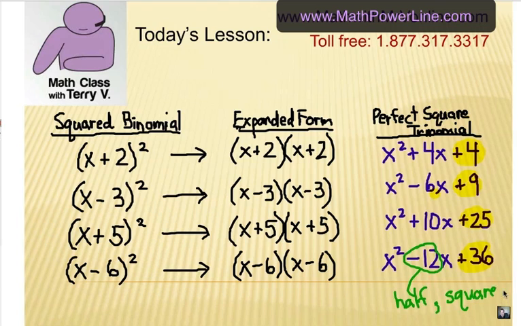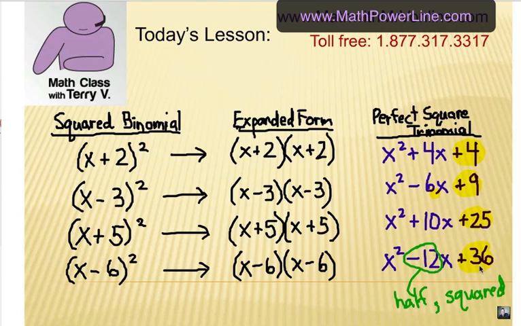That's as simple as I can make it. So what's half of 4? 2. What's 2 squared? 4. That gives me the third term. What's half of negative 6? Negative 3. Square it. That's 9. What's half of 10? That's 5. Square that to get 25. What's half of negative 12? Negative 6. Square it to get 36.